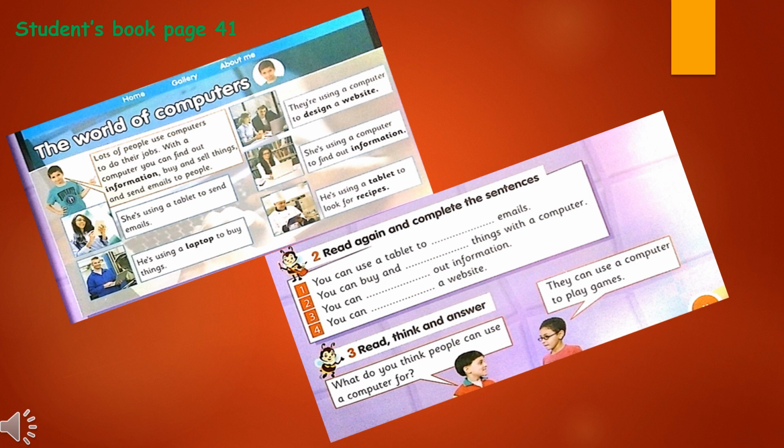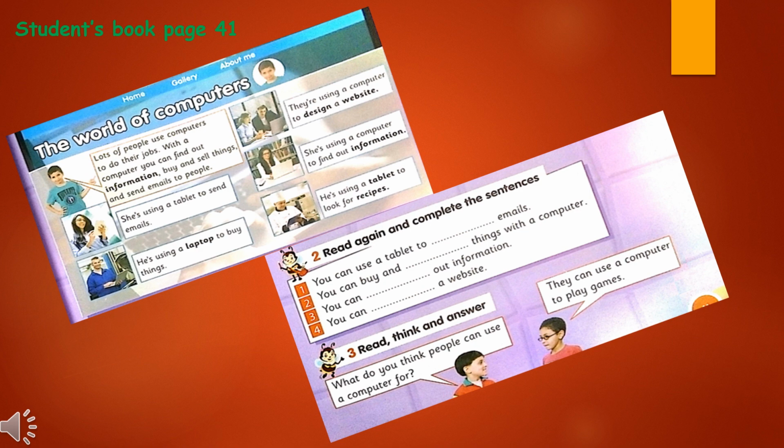It's design a website. Okay? Then, she is using a tablet to send emails. The next one, she's using a computer to find out information. She is going to use Google or something like that. She's going to search for information.